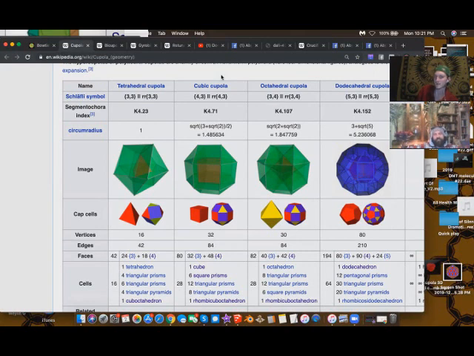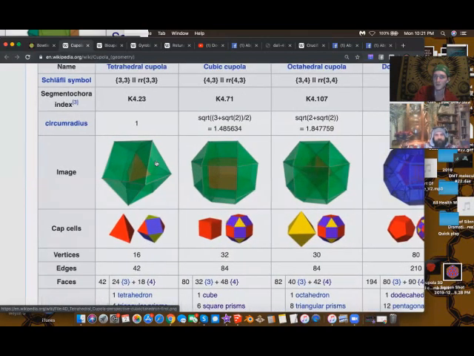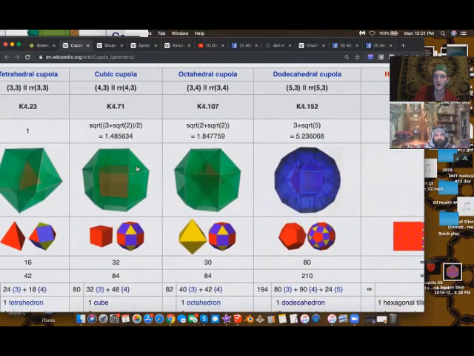Now, cupola, making solids with cupola. There's this gorgeous article I found on Wiki that shows the tetrahedral cupola, and then it moves to the rhombicuboctahedron, and the next one also looks like a rhombicuboctahedron, but with an octahedron in the center.